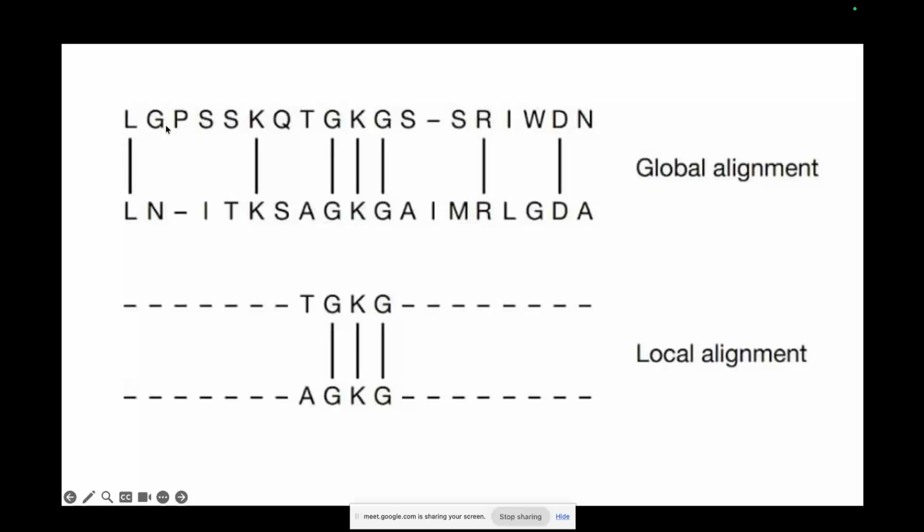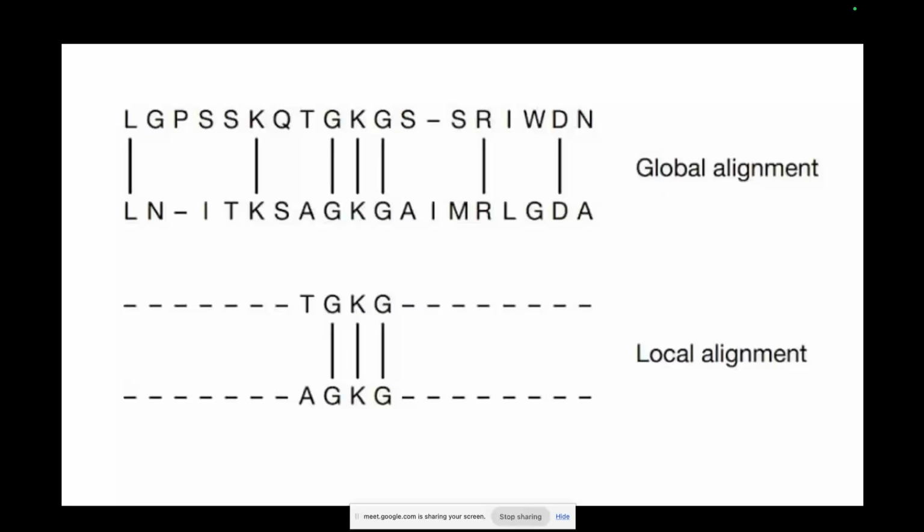If you have two strings like this, in global alignment you're trying to match the entirety of the first string with the entirety of the second string. So in that case, this is the most optimal alignment, and you can see there are a lot of gaps on the left and on the right, and you can understand that probably these two sequences do not have the same origin, or are not very similar in nature.